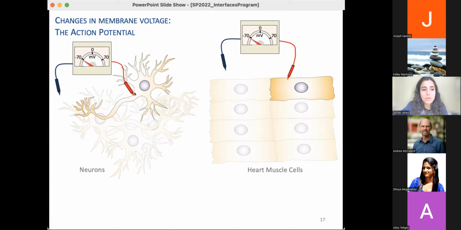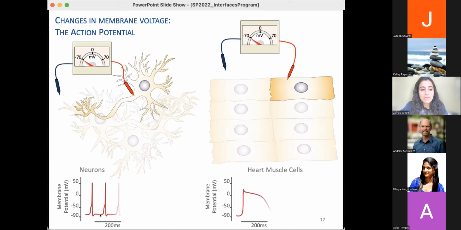So if you took a voltmeter and recorded the voltage inside a cell compared to somewhere completely far off from the cell, you would see that for neurons, it oscillates. What you would see, and this is drawn to scale for neurons, is that the membrane potential oscillates between somewhere around -90 all the way up to 50 millivolts.